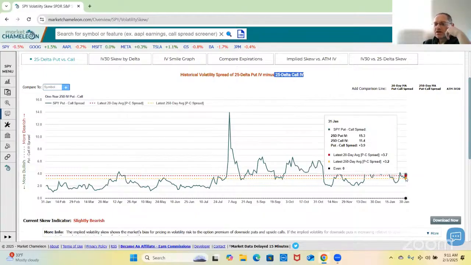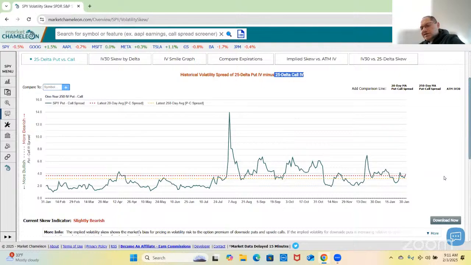So we could see here that the skew is close to the average, right? So right now it's close, but it ticked up a little bit and is slightly above, right? Meaning that the puts are getting more expensive relative to the calls, right? When the skew is going higher, we're seeing that the more bearish puts are getting more expensive relative to the calls.